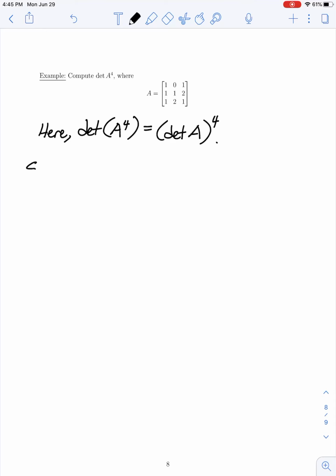So let's look at the determinant of A. To calculate the determinant of A, well, we could use a cofactor expansion across the first row of A. So here we have 1 times the determinant of 1, 2, 2, 1, minus 0.